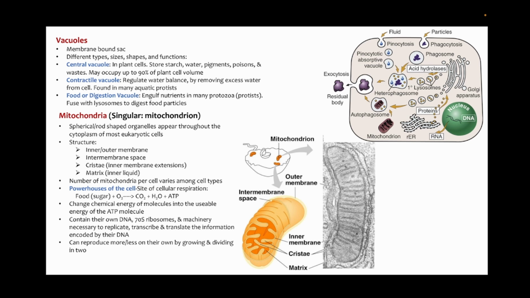So it has its own DNA and also 70S ribosomes. So this is why there is an evolutionary theory that suggests that mitochondria could previously have been a prokaryote that was engulfed by another cell and then slowly lost its own function to become just a powerhouse, because of the 70S ribosome that it has.